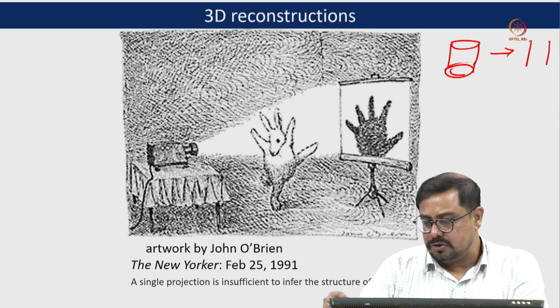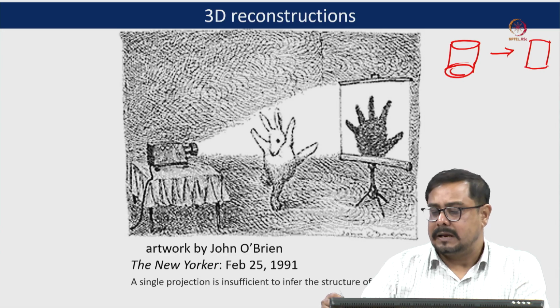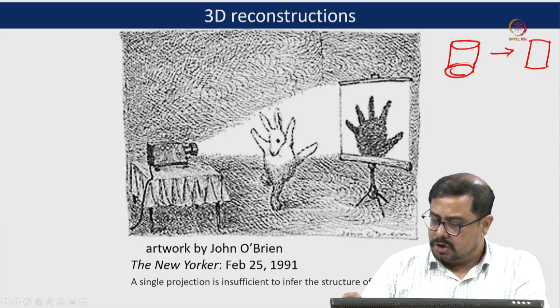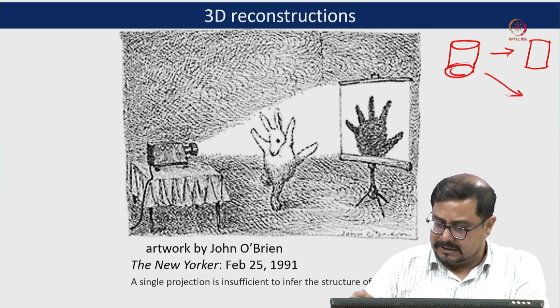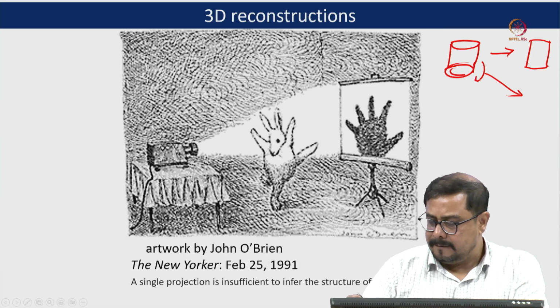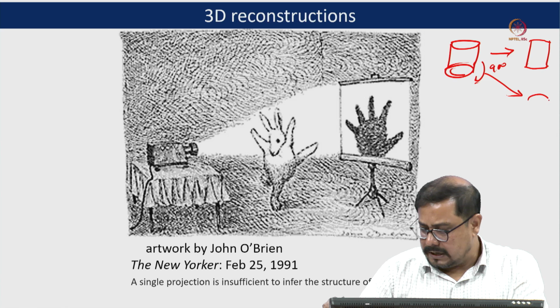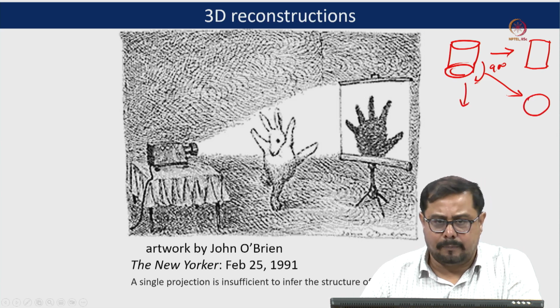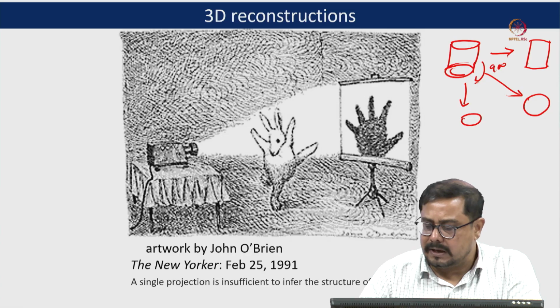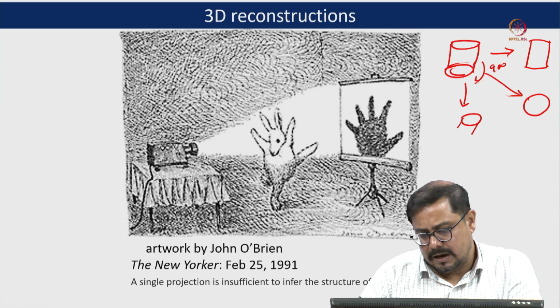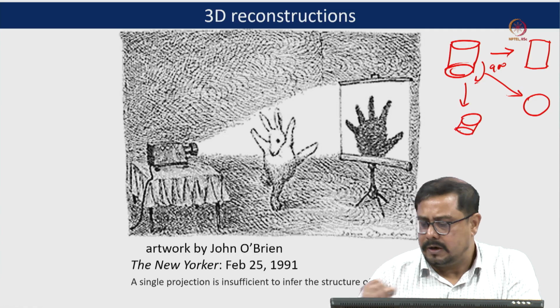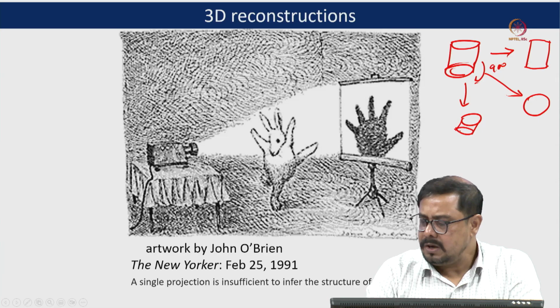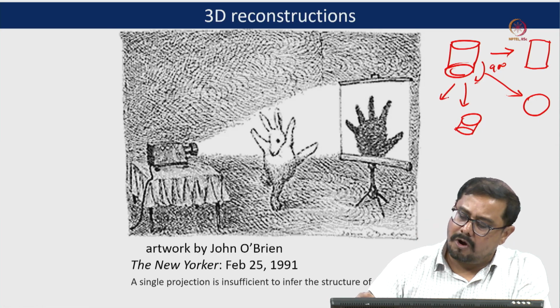For the 2D image, we will expect this kind of 2D image, or if we rotate it 90 degrees, what will we get? We will get a circle, or if there is a 45-degree rotated angle, we will get some kind of tilted view of this. So that will go in all directions.